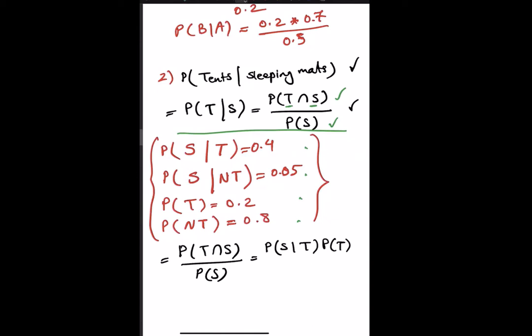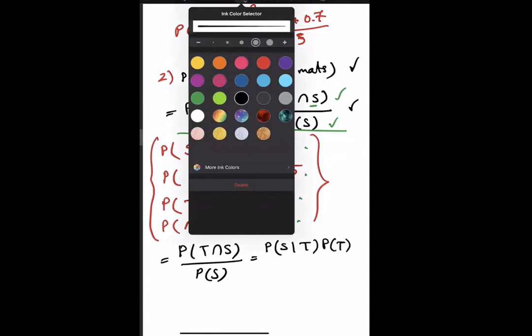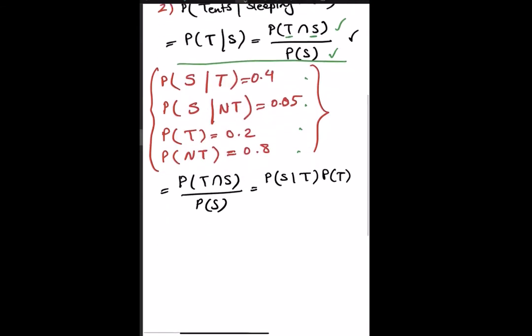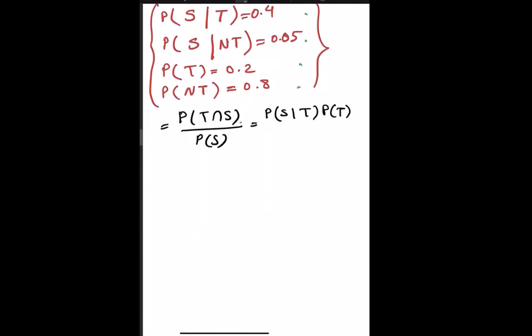Let me just explain something here before we proceed further. Okay, guys, for the numerator, I'm just talking about the numerator. How many ways can I write the numerator? Can you tell me?